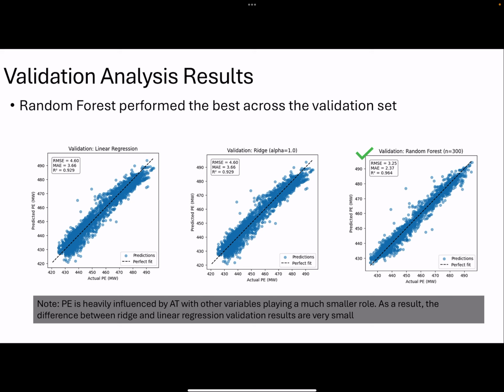The one thing I would note again here for the linear regression and ridge is that they are the same, and that's because the PE is heavily influenced by the temperature AT, with the other variables playing a much smaller role. So because of that, the ridge really didn't have that much impact in changing or improving the model above what we saw in linear regression. They're actually the same.